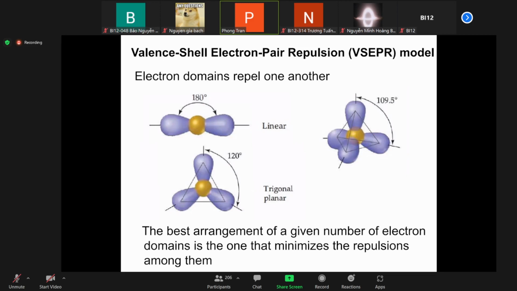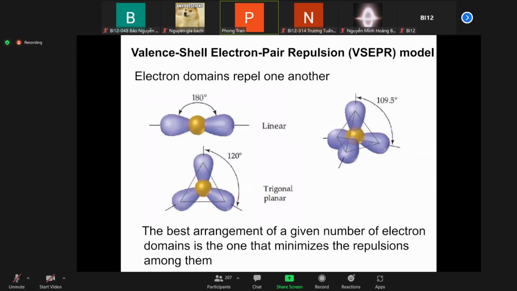If you have 2 electron domains, it's very likely that it will have a linear structure. If you have 3 electron domains, the best arrangement will be trigonal planar. If you have 4, it will become tetrahedral. If you have 5, it becomes bipyramidal. If you have 6 domains, the best arrangement will be octahedral.